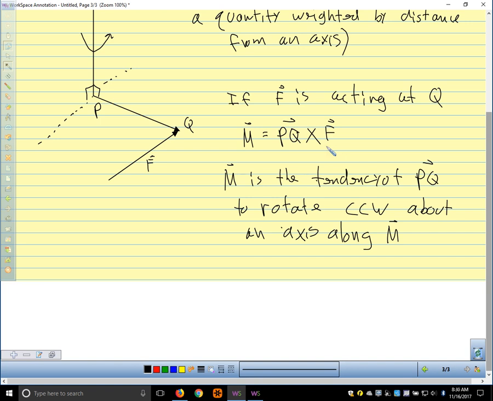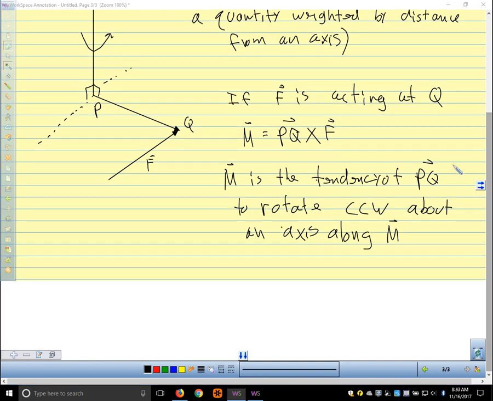So if you put your fingers in the direction of the force and the PQ, your thumb points in the direction of the torque. I tend to think of the cross product as an action. So I think of the force being in the direction of my palm, and my fingers being PQ, and you cross PQ onto F, and the cross product is in the direction of your thumb. So I think of the cross product as an action. You're crossing a vector onto the other. That helps me visualize it. It's like those automatic drill things. Right.